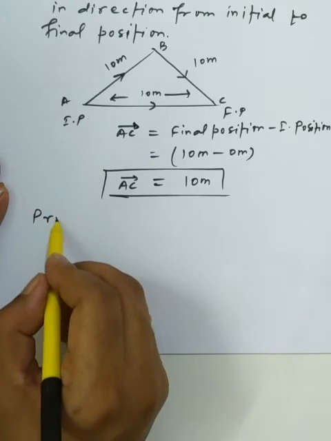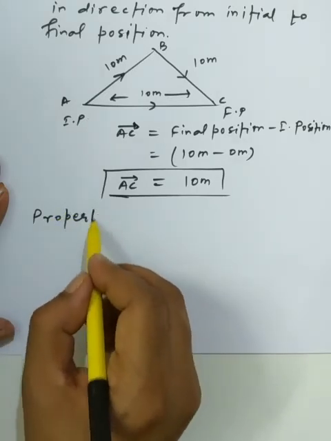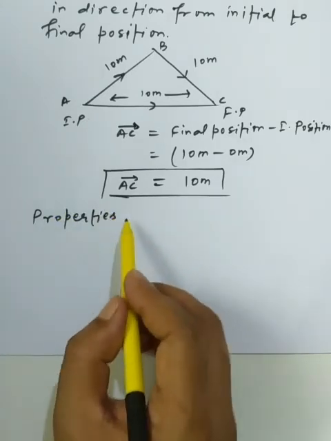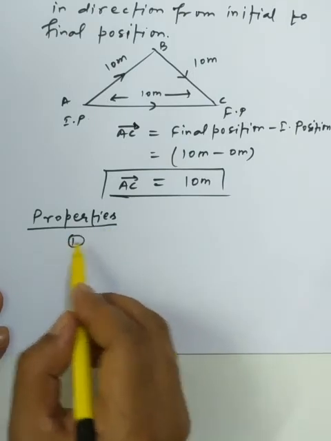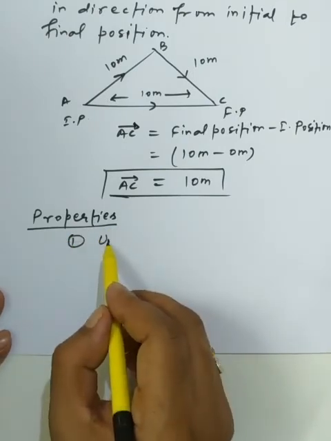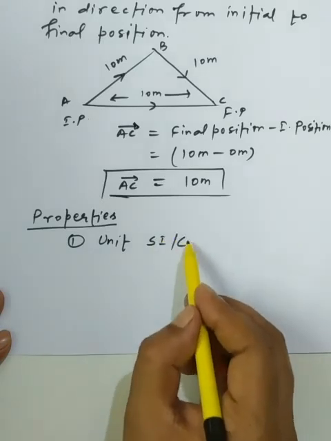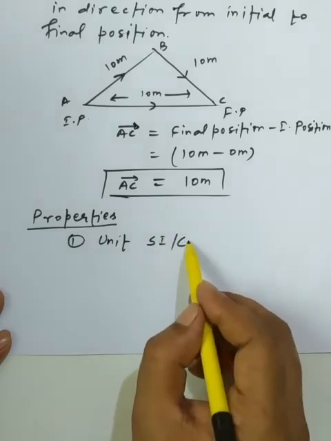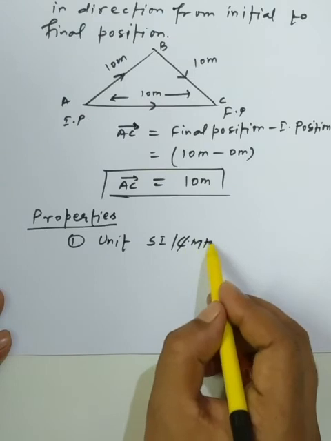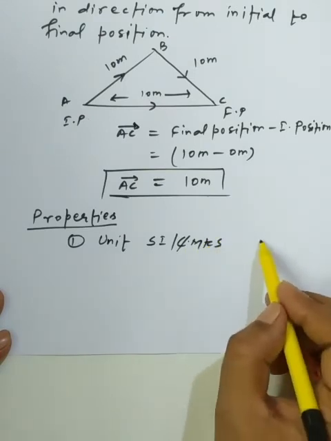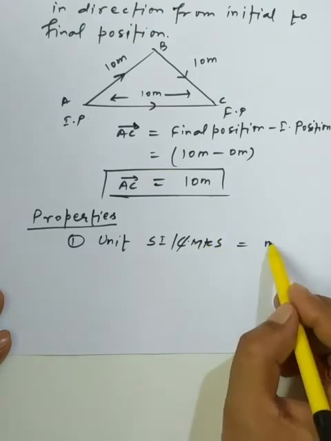So what are the basic properties we have? First we have the unit system. So what are the two possible unit systems we have? First is the SI and the second is the CGS. SI can be stated in terms of MKS, students. So we are getting the answer, that is called the meter.